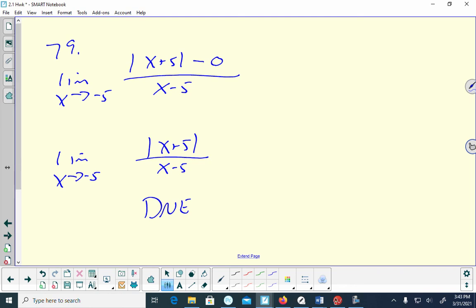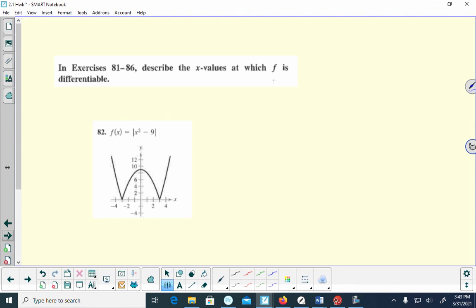Okay, and finally, the last one. It says describe the x values at which f is differentiable. The only problem I'm going to have finding a derivative is at these sharp turns, which look like they happen at 3 and -3. So there are 2 ways that I can do it.